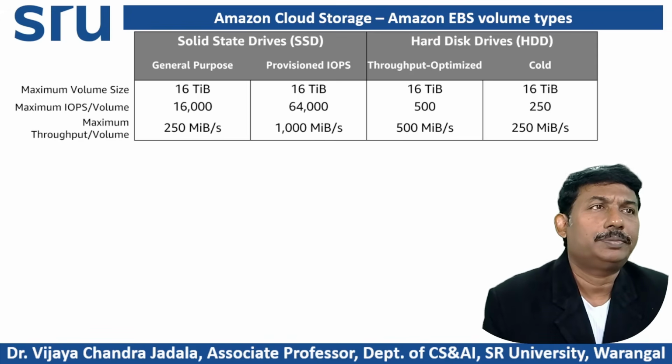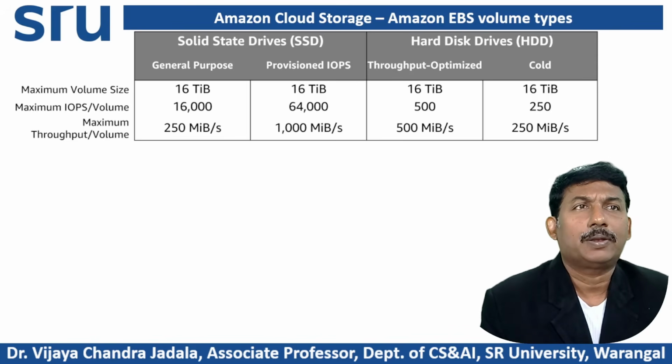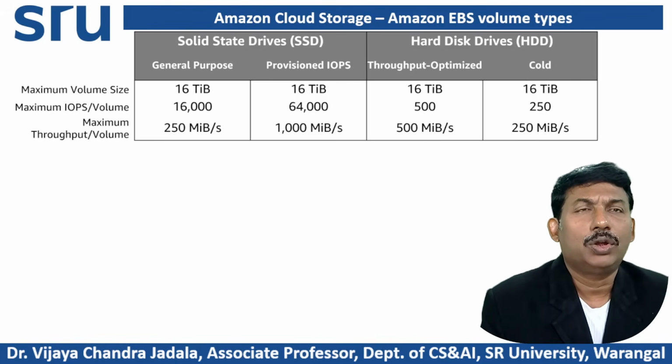Then comes the other concepts related to storage, that is input output operations per second. So EBS offers you performance of the Elastic Block Storage, which is measured in IOPS. IOPS means input output operations per second. Provisioned IOPS SSD backed Amazon EBS volumes can give you the highest performance.